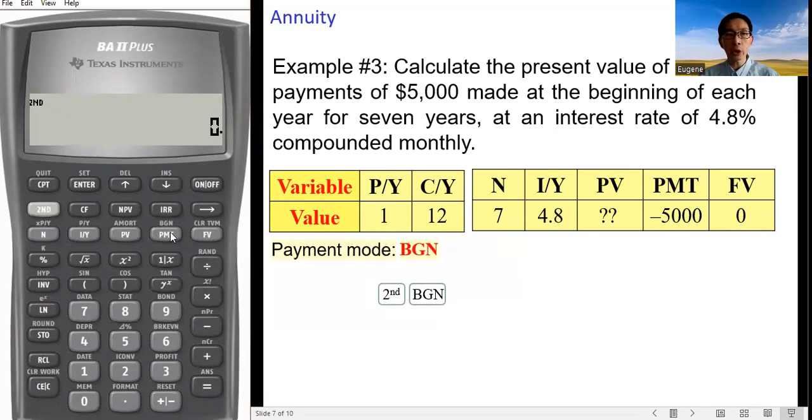Begin is the second function of the PMT button. To change the setting, press second and then set. We can see the BGN indicator on the screen. This is done. We can quit this worksheet by pressing second and quit.